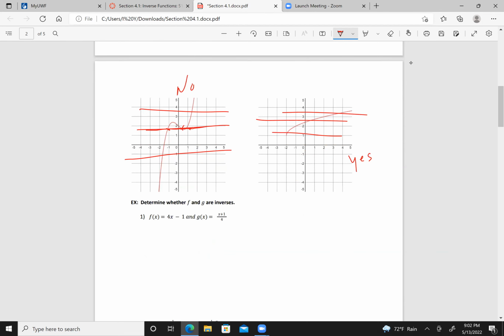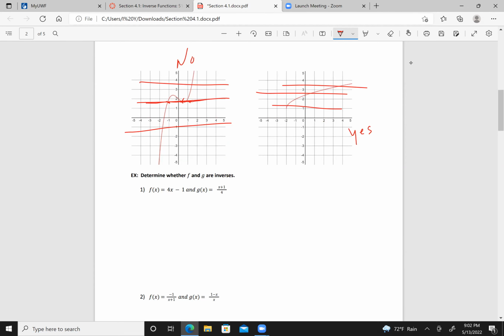Okay, another way to determine if f and g are inverses is to find f of g of x, and it should equal x. And then find g of f of x, and that should equal x. So f of g of x is simply take, for f of x, plug in every value of g for x, plug in g of x.